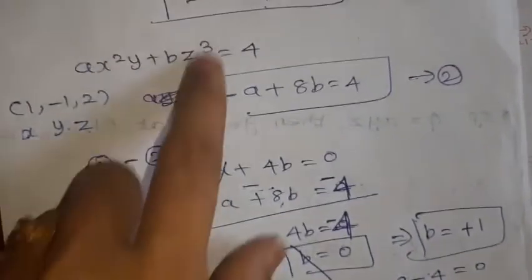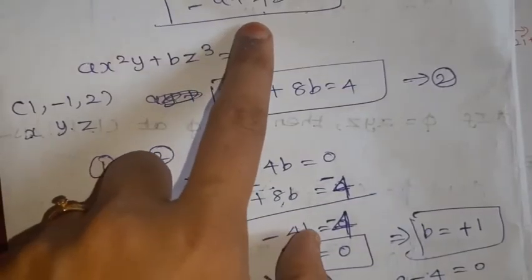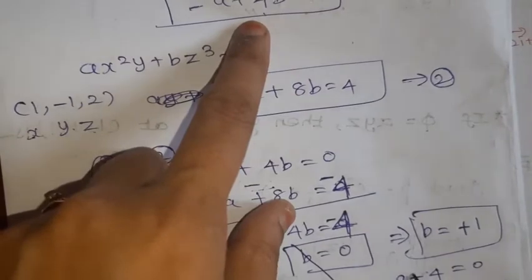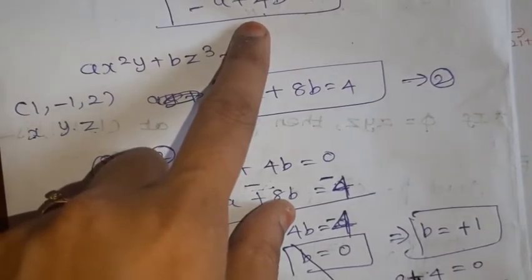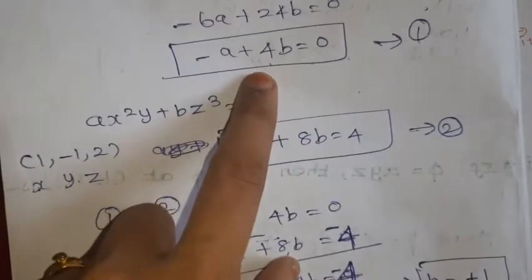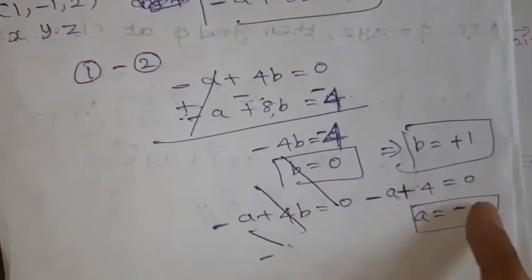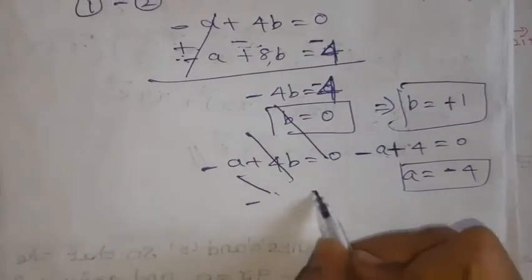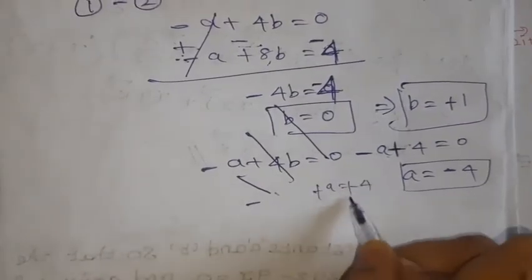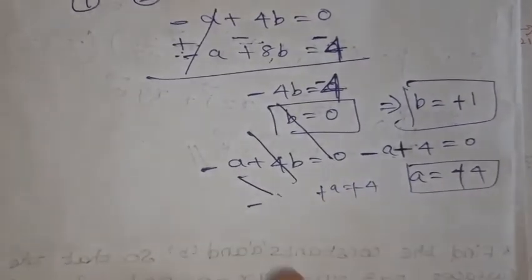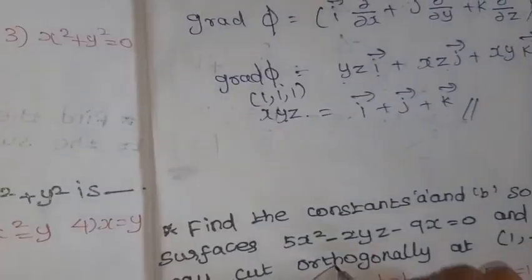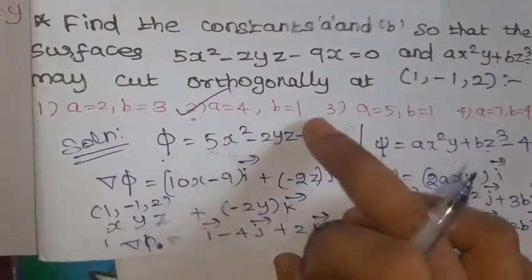Then substitute in minus a plus 4b equal to 0, with b equal to 1: minus a plus 4 equal to 0. So minus a equal to minus 4, so a equal to 4. a equal to 4 and b equal to 1.